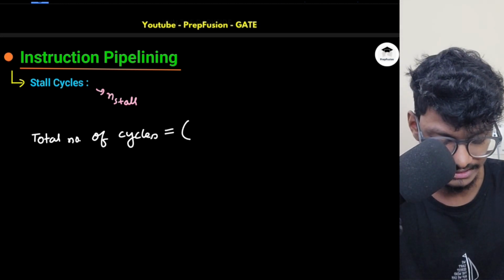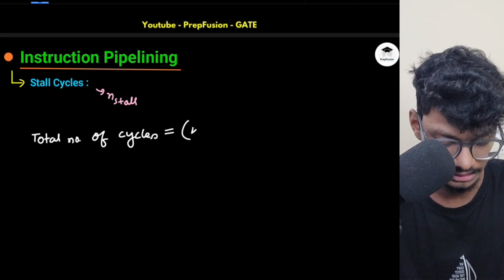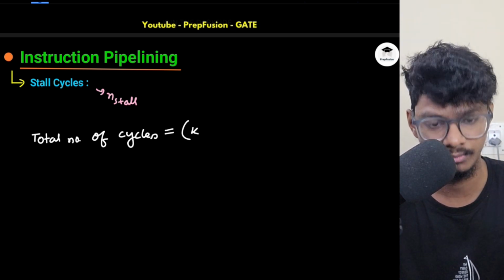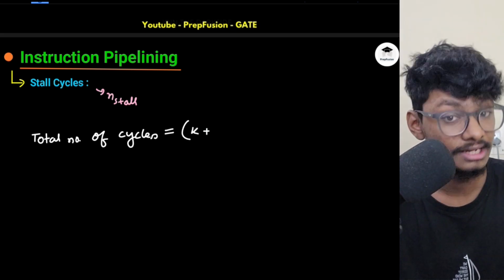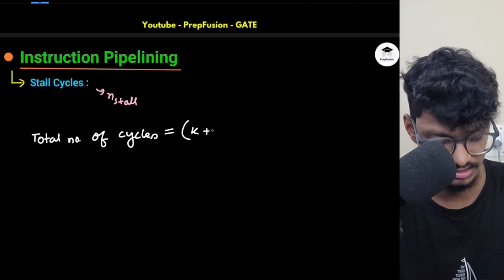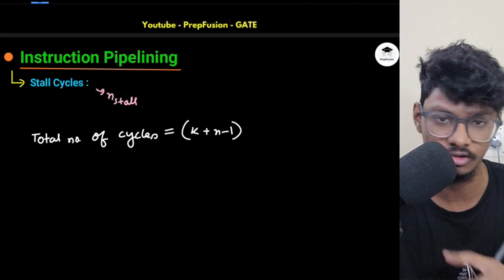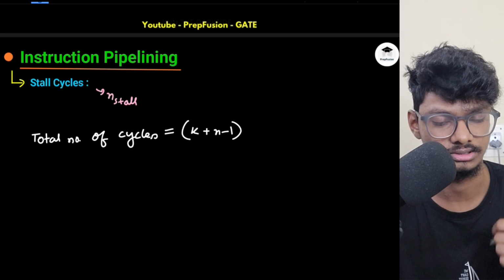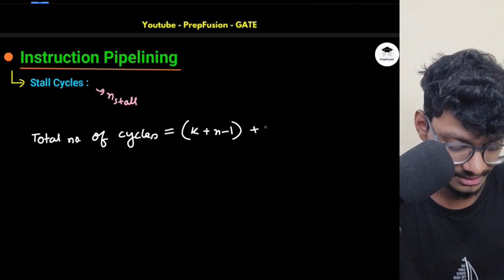Total number of cycles is basically: for the first instruction I will need k cycles, because k is the number of stages, plus n minus 1, the instructions that are left, because one instruction has already been executed out of n instructions, plus n stall.